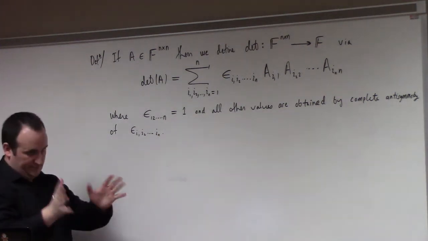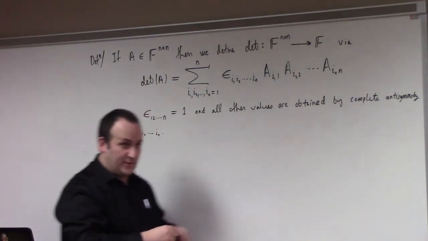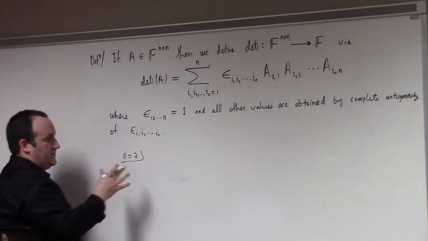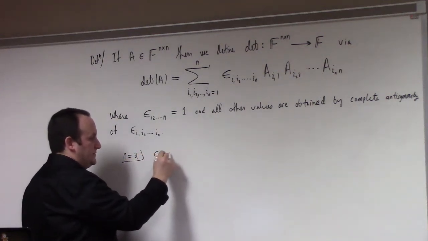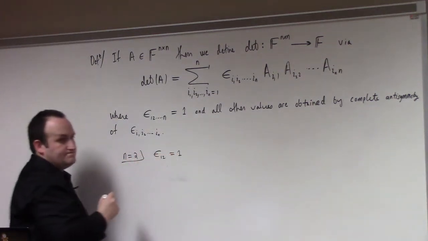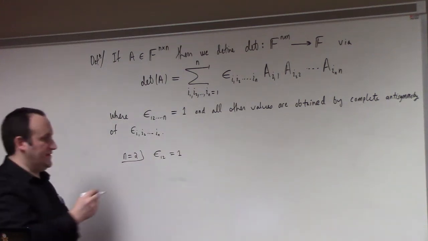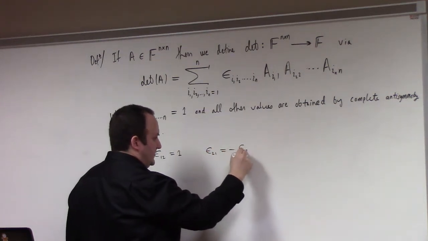Let me unravel this notation for you in the 2 by 2 case. All right, let's start out small. So I'm saying epsilon 1, 2 is equal to 1, all right? Anti-symmetry says epsilon 2, 1 is equal to minus epsilon 1, 2.